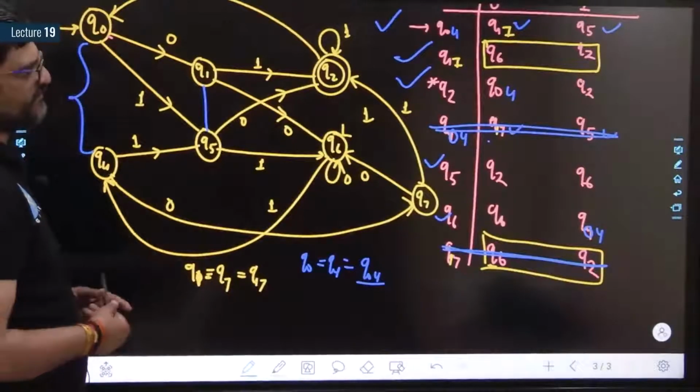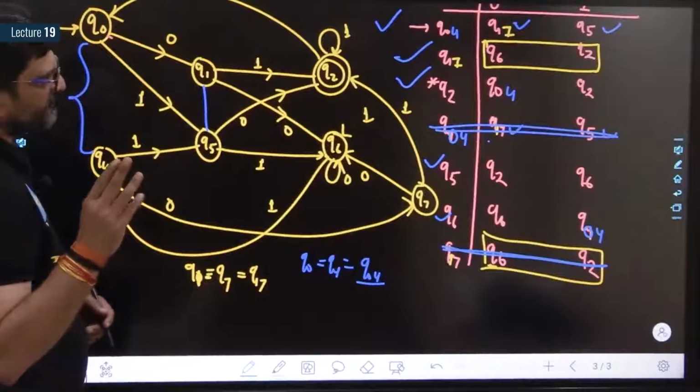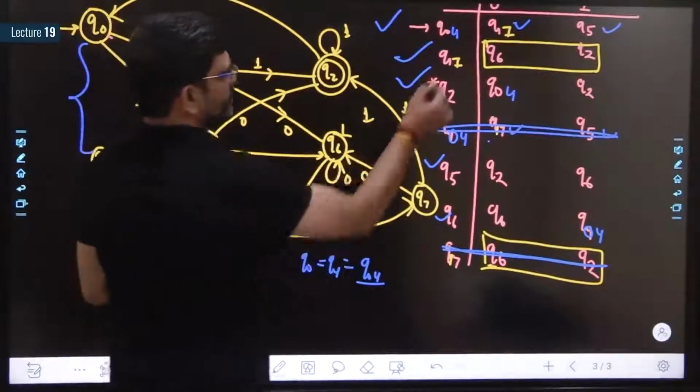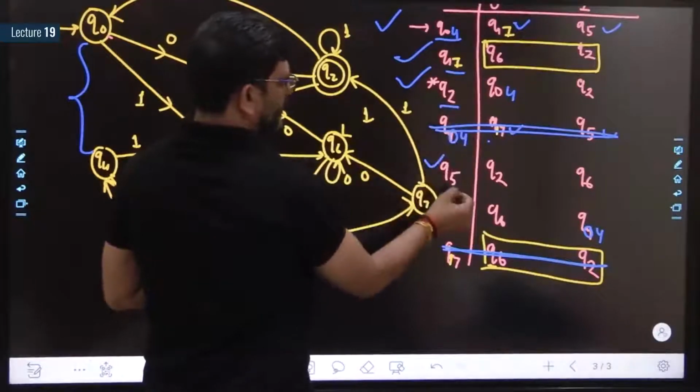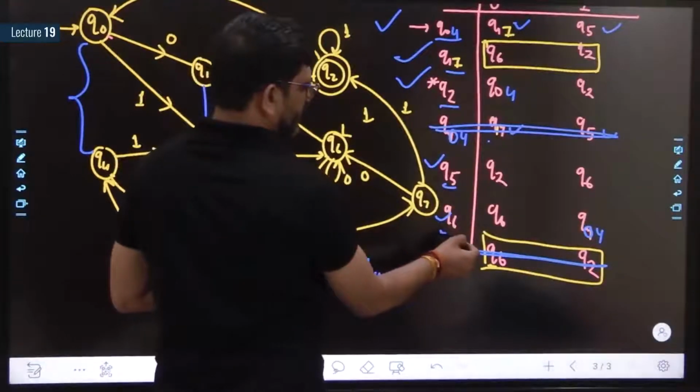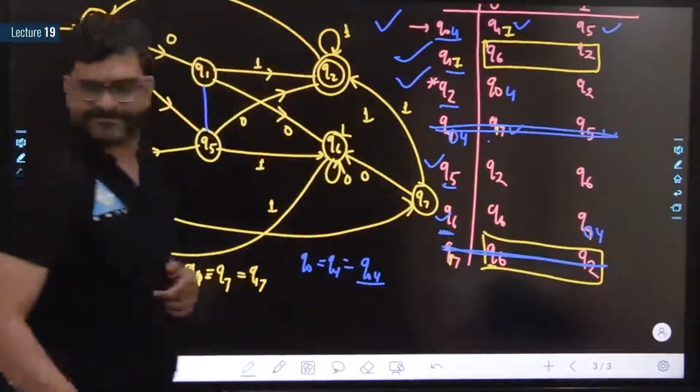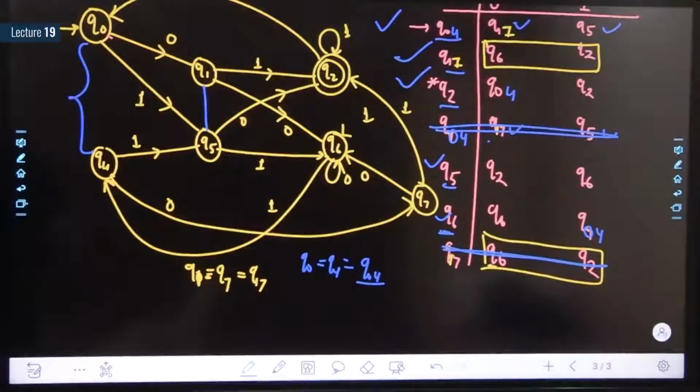After minimization, we have only 5 states: Q04, Q17, Q2, Q5, Q6. Okay. This is the minimization of DFA.